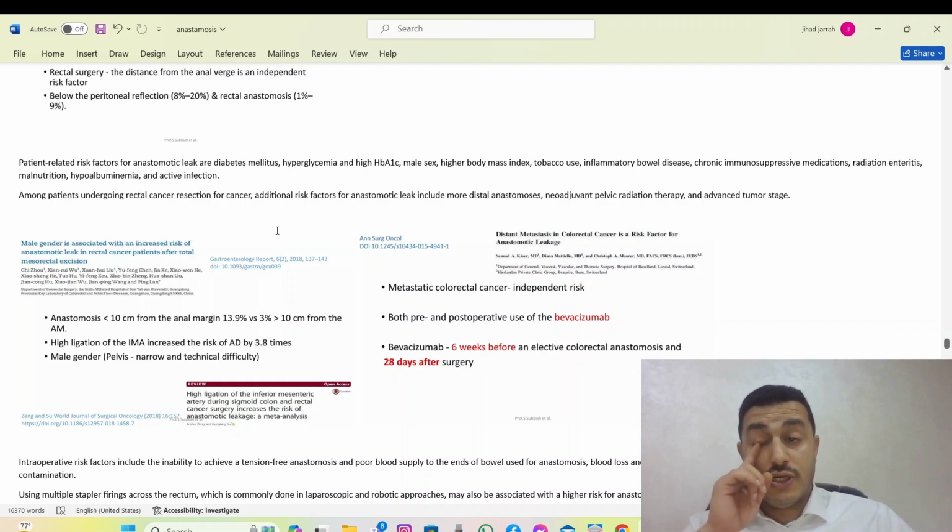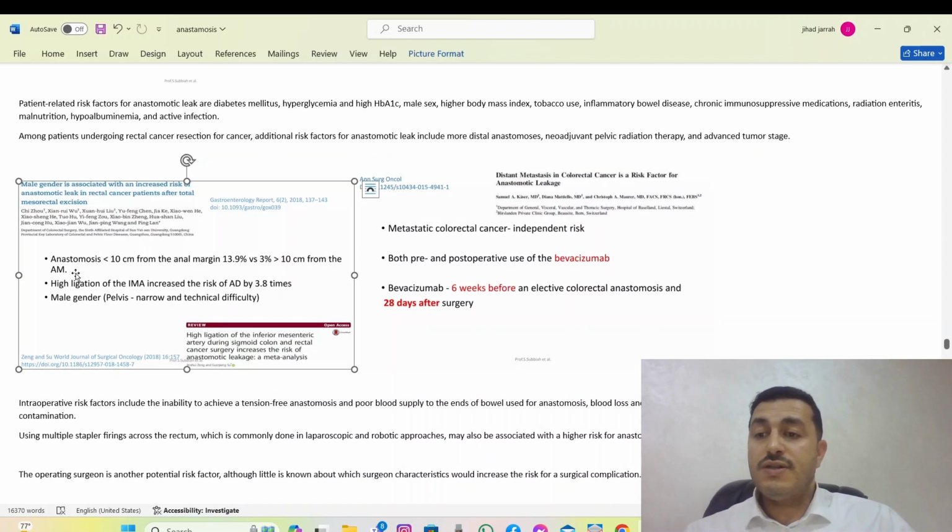These are patient-related risk factors. One chemotherapeutic agent, bevacizumab, is a risk factor of leak and should be stopped pre and post-operatively, 6 weeks before and about 1 month after the surgery.